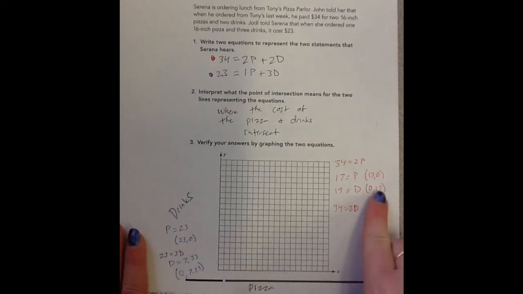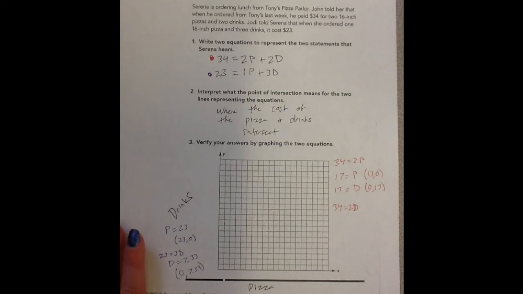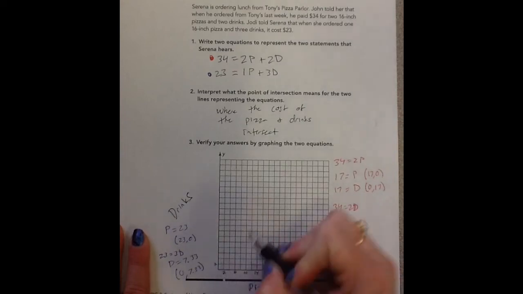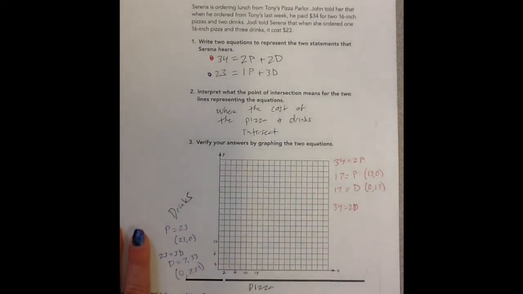So these are the numbers I'm working with: 17, 23, and 7. There are 20 blocks here, so I can't make each one by one, but I could do 2. That might work. So if every block is 2, then we can get these zeros on.